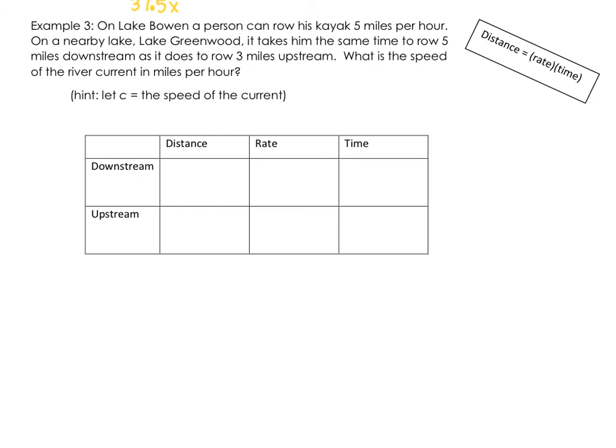Okay, so let's go through with my CUBES example. CUBES says to circle the numbers. So I've got 5 miles per hour and 3 miles per hour. Those are the two things that I'm given. Now I'm going to underline the question. What is the speed? Speed is another word for rate. So what is the speed of the current?